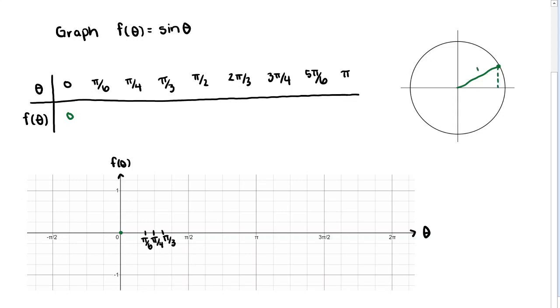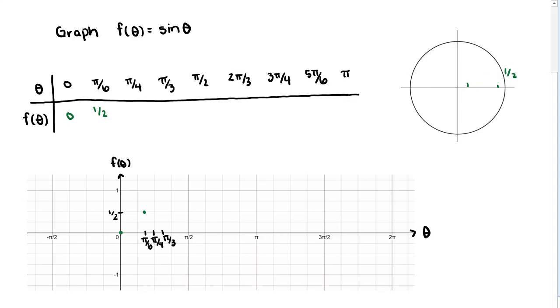And sine of pi over 6 is going to give us the y coordinate of this point on the unit circle. This is going to be the short side length of this 30-60-90 triangle. It's going to be 1/2. And 1/2 looks like it's about here on this coordinate plane. So that's going to be the point on the graph of f of theta equals sine of theta: pi over 6, 1/2.